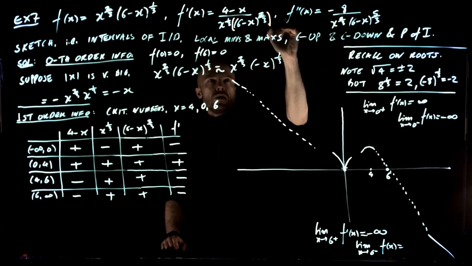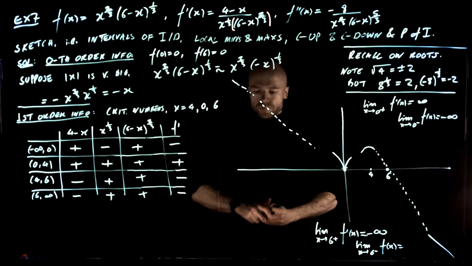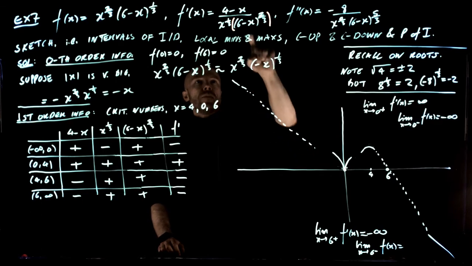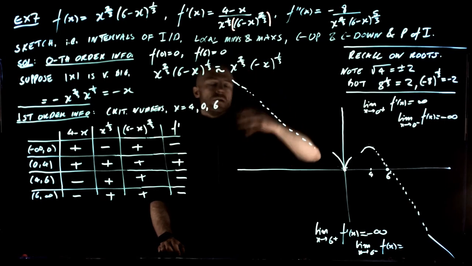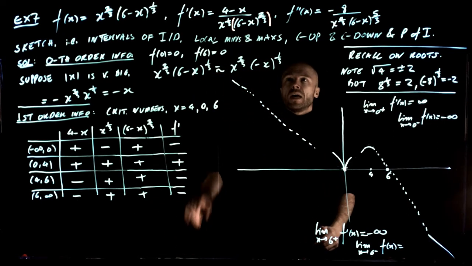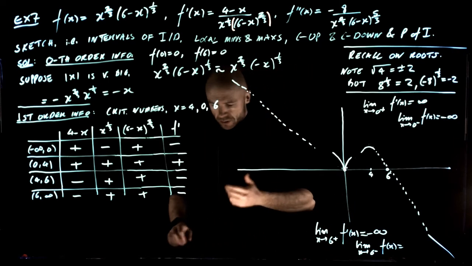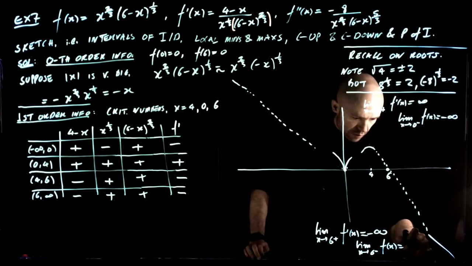So if we approach 6 from the left-hand side, this now is a very small positive number, but it's positive anyway. So on the top is still going to be an awful lot like minus 2, and this is just the third root of 6. So we have, again, a negative number over a very small positive number, so it is still going to be minus infinity.